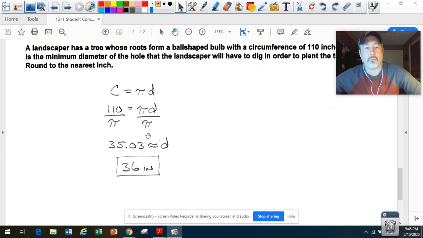Now, remember, we're dealing with a tree ball. I'm rounding it up to 36 inches because if I did 35, the tree ball will not fit. So that's why I rounded it up to 36 inches. So the diameter across must be 36 inches for that ball-shaped bulb to fit in that hole.